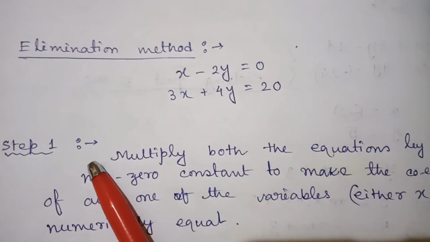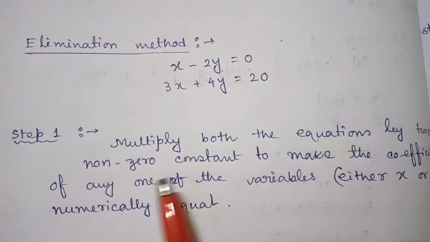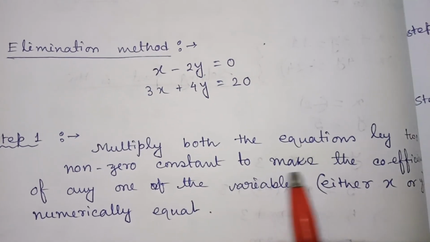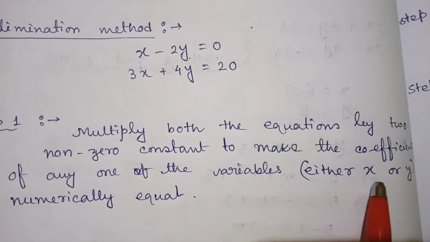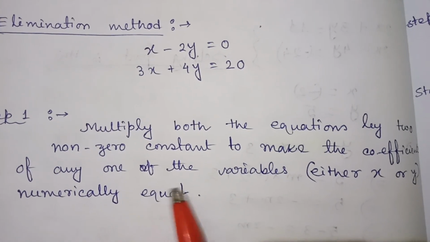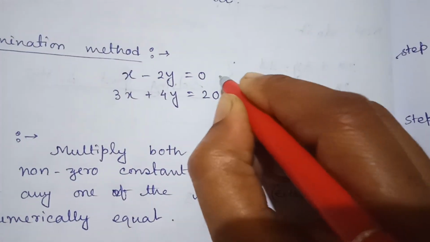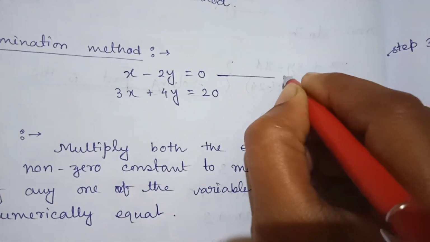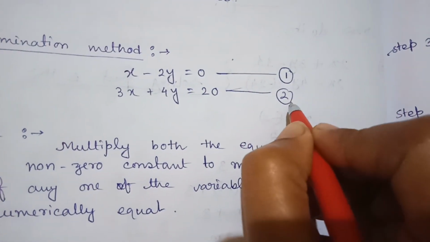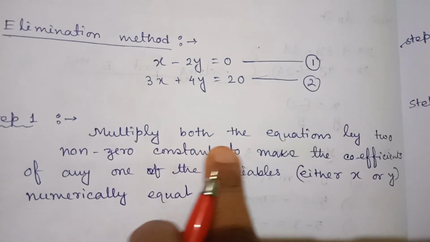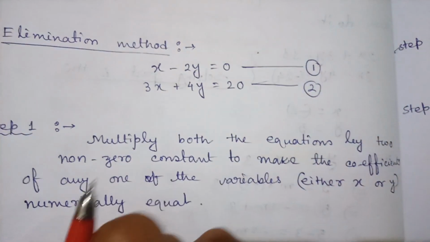Step 1. Multiply both the equations by two non-zero constants to make the coefficients of any one of the variables, either x or y, numerically equal. What does it mean? It means first we need to give these equations names, that is 1 and 2. First you have to choose either x or y.